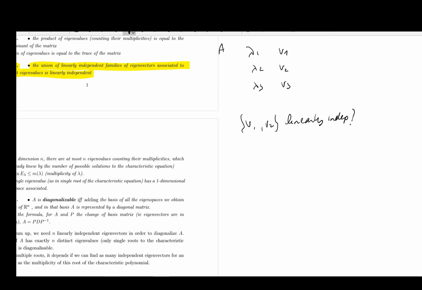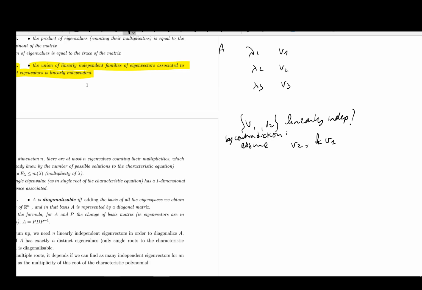How can I prove that? Well, assume they are not, and let's prove that you get some contradiction. So by contradiction, that's the proof we want to make. Assume v2 is k times v1. They are not linearly independent. When I've got two vectors, it means that they are collinear. So what do we have?